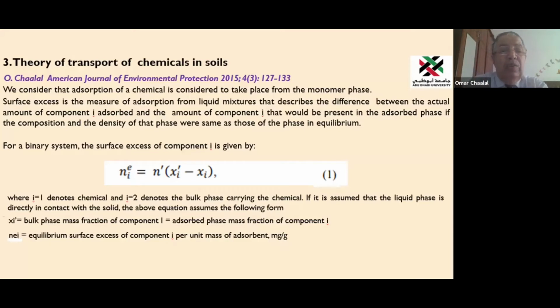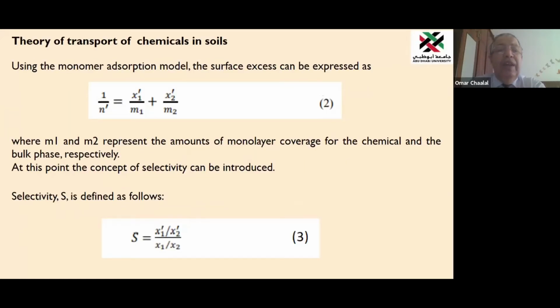And we introduce what we call the surface excess, which is related to the measure of adsorption. Equation 1 is just the excess at equilibrium, which is the excess at any time multiplied by the driving force. And we can also relate the monomer absorption model, which I am taking into account, and the surface excess, and we express it as follows in equation 2.